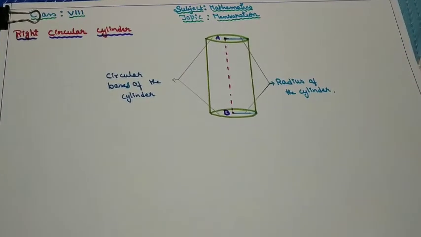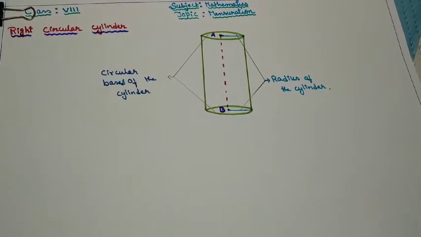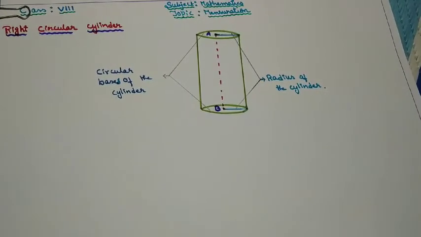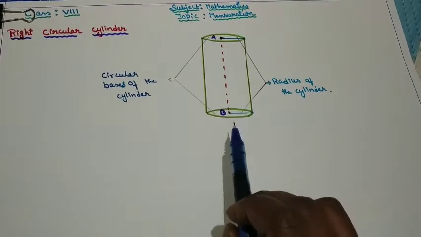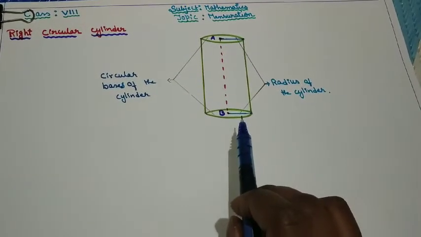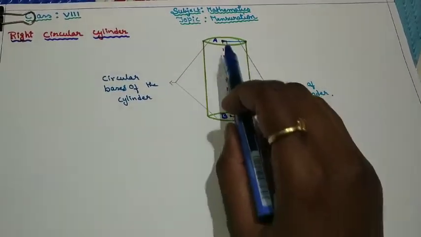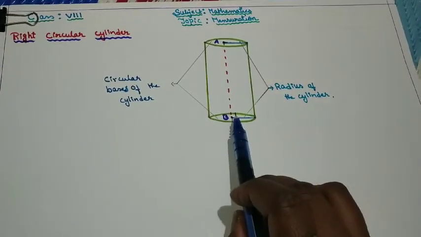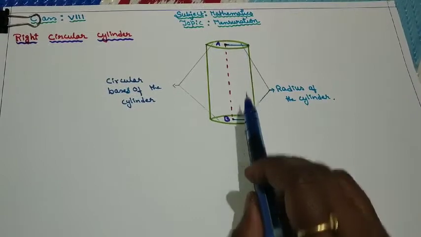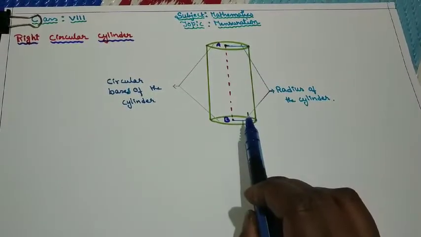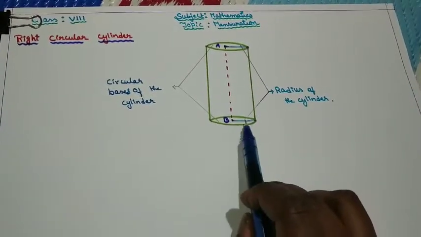Right circular cylinder. Now let us discuss some of the important terms and definitions related to cylinder. A right circular cylinder has two plane circular ends. The two plane ends are parallel to one another, which are known as bases of the cylinder.